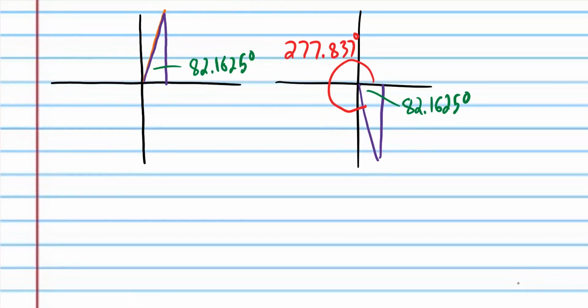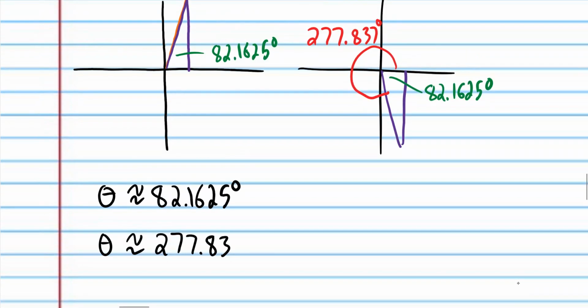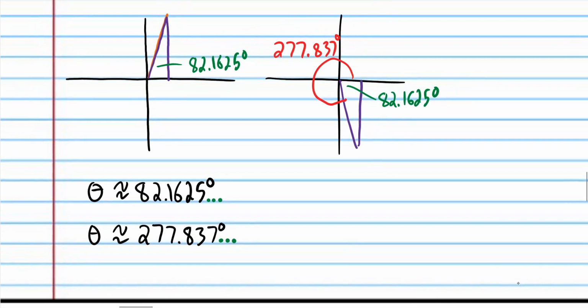So our two answers are 82.1625 degrees and 277.837 degrees. Now I'm going to put little green dots because I want you to know that you need to keep those numbers in your calculator if you can.